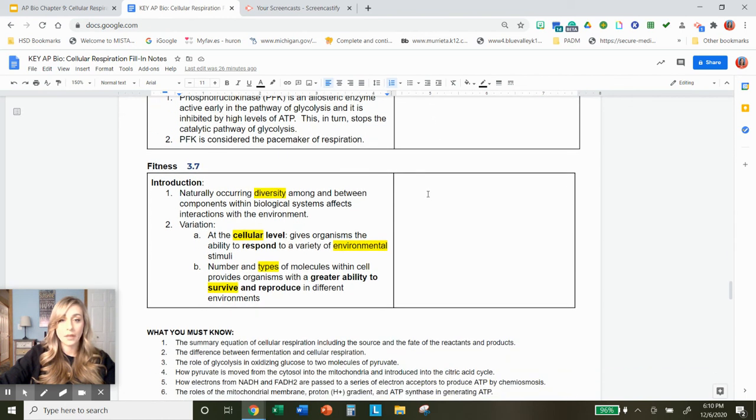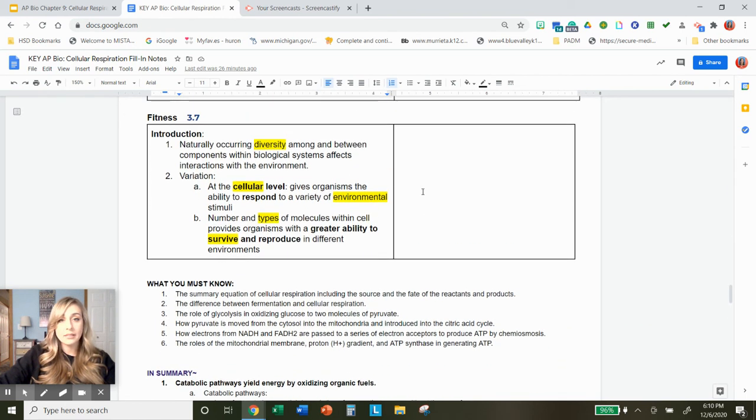And then finally, under fitness, one says naturally occurring diversity among and between components within biological systems affects interactions with the environment. So it's important to note all of the diversity that not only exists within populations, but at the cellular molecular level. So A, at the cellular level, it gives organisms the ability to respond to a variety of environmental stimuli.